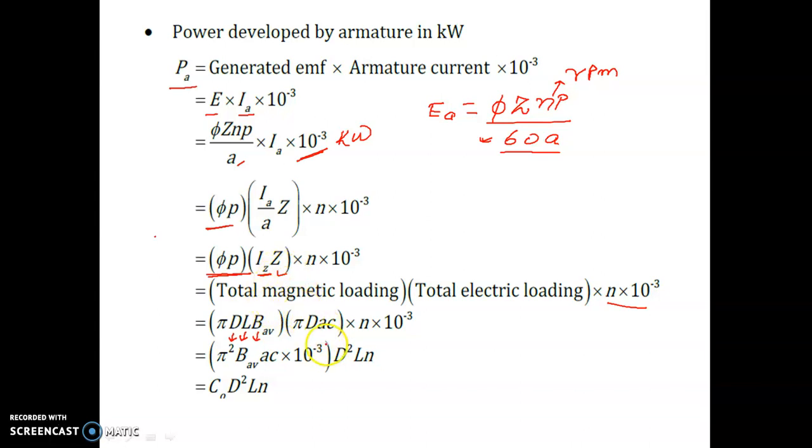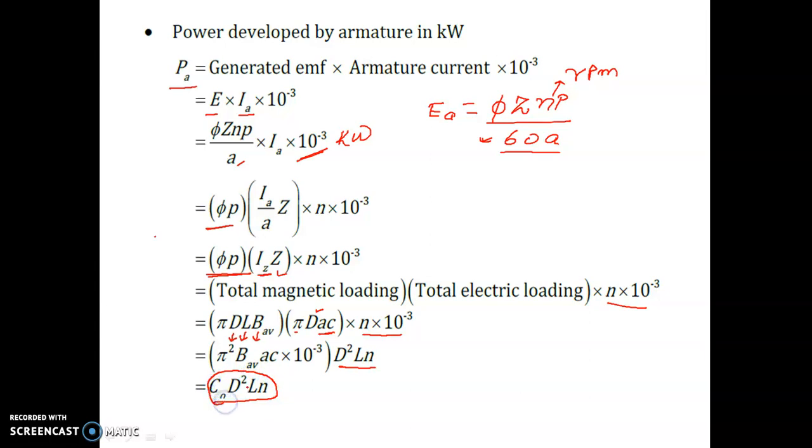In similar fashion, this is your electrical loading, with pi, the diameter, multiplied by n. Now if you multiply this by pi square and rearrange this term, we will finally get this equation.